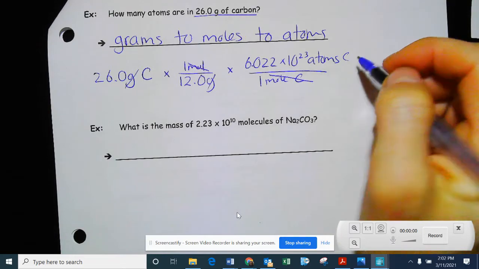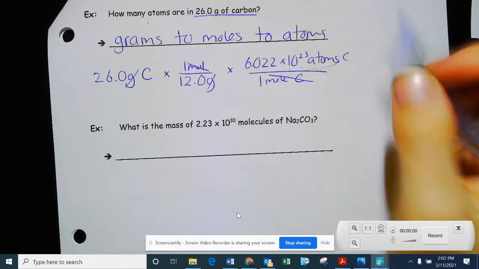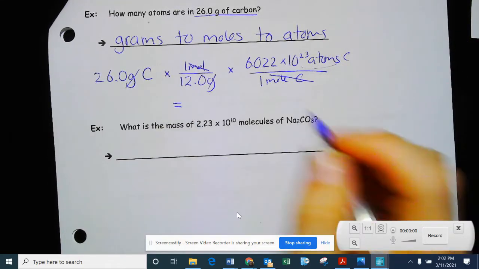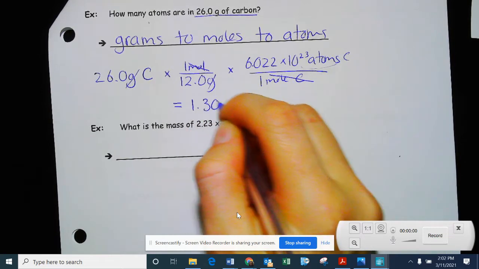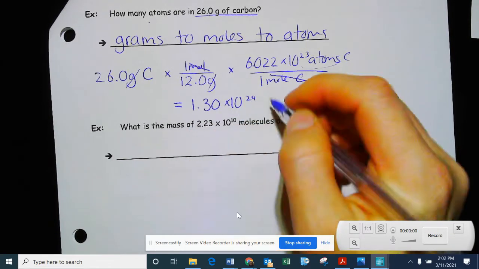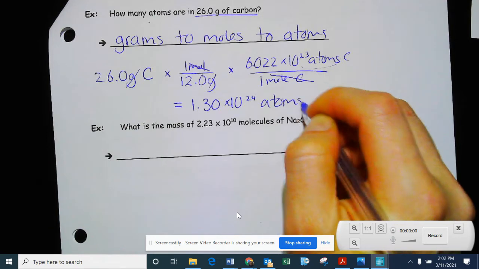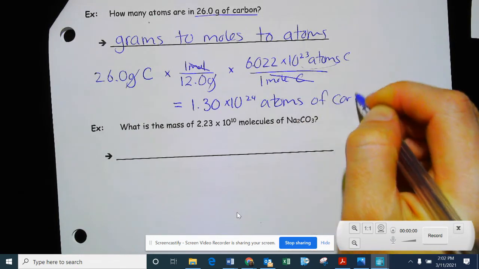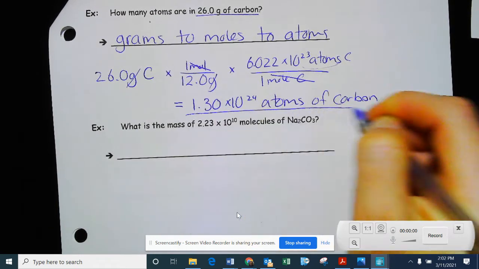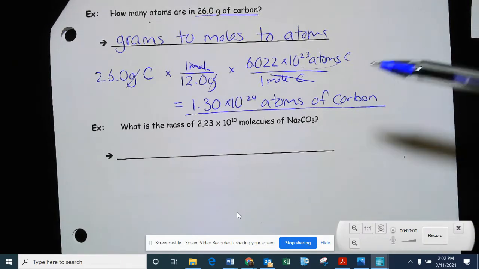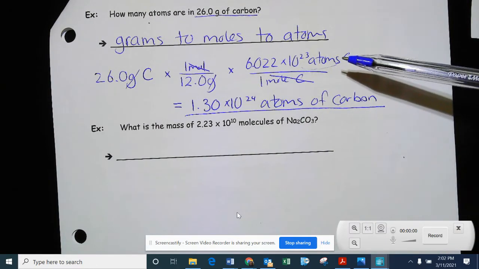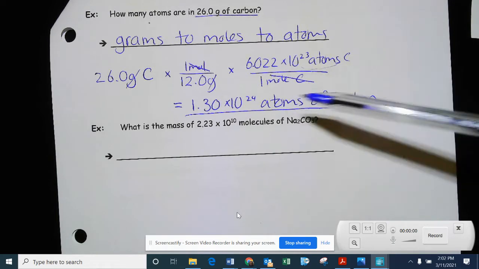So now I'm left with atoms, which is what I'm asked for. If I do that math, I should end up with 1.30 times 10 to the 24 atoms of carbon. Okay. Any questions about how to set that up or why I did any of those steps the way I did?